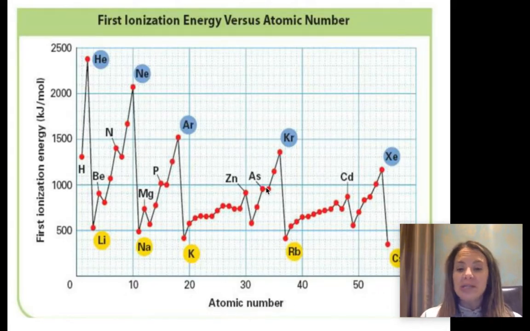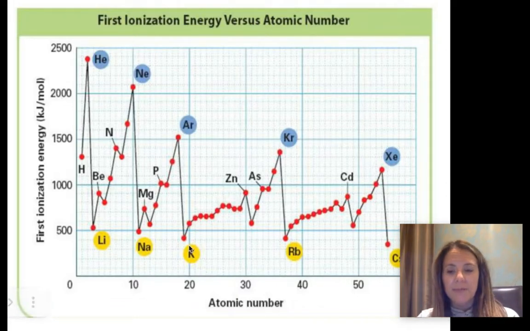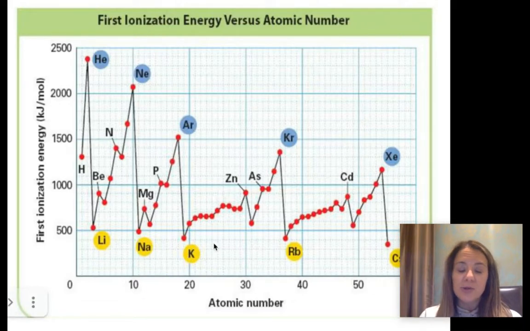But all you need to know is that the trend is moving upward as we move from the left of a period to the right of a period. Okay, so as we go from potassium to krypton, that is one period.